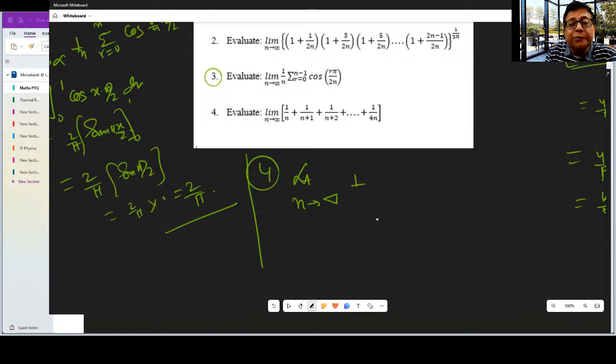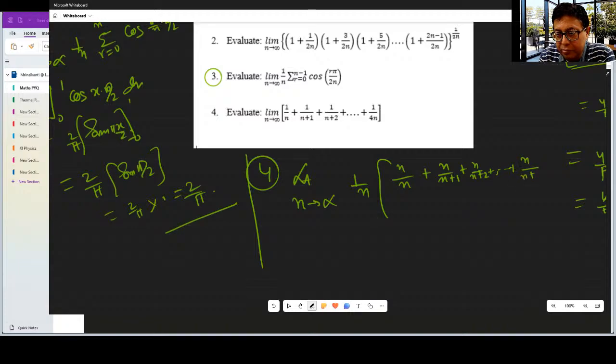Same manner, you just keep 1 by n outside, n tending to infinity. So 1 by n, okay? So this will be 1 by n divided by n.